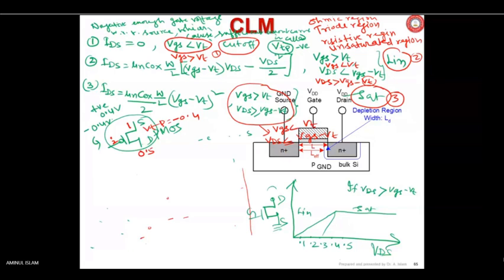VTP is minus 0.4 volt, source voltage VS is 1 volt, VD is 0.5 volt, and VG is 0.2 volt. Tell quickly, in which region of operation is it working? You will be having an exam today from 1 o'clock onwards, 10 questions, 15 minutes. So be careful.